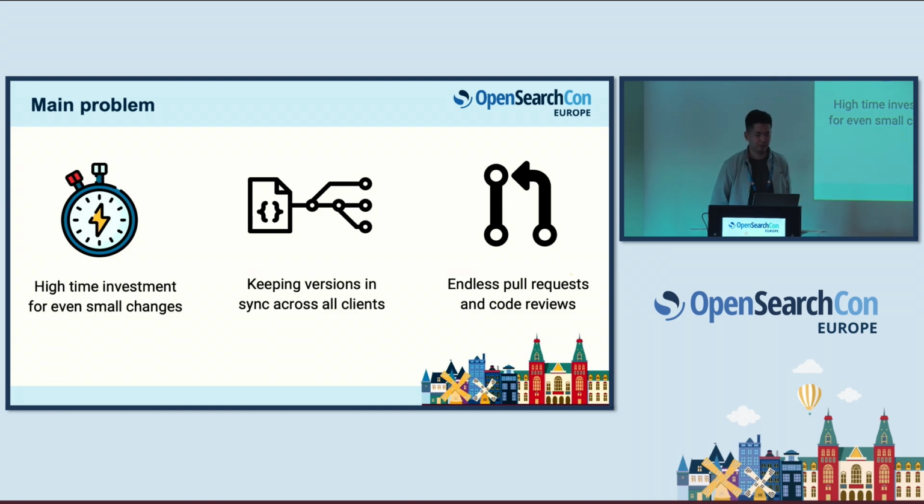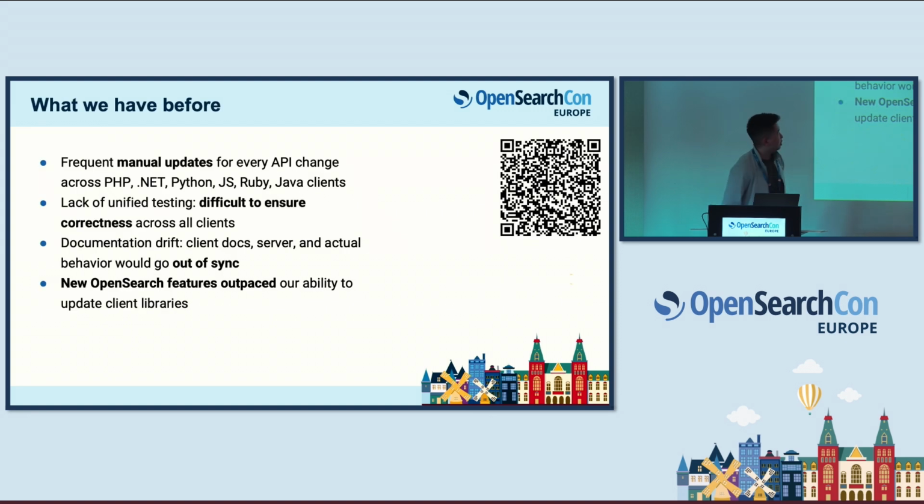It's taking a lot of money, and sometimes we have problems. There are a lot of manual changes and updates, and we also don't have any unified testing, because every repository contains its own specific testing. So it's really hard to maintain everything.